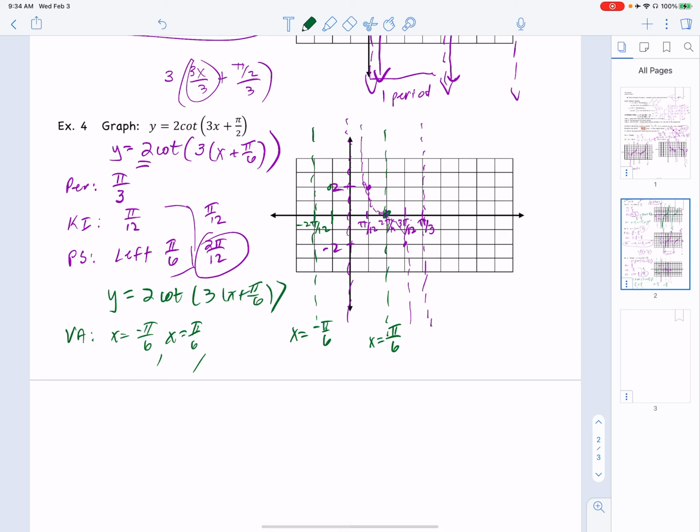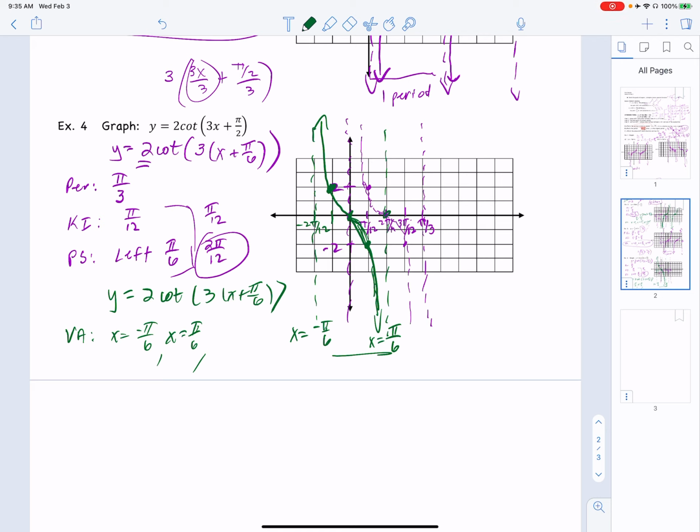Move these points 2 key increments to the left. And there's my 1 period. And if you add the distances, it's 2 pi 6, which is pi thirds, which is your period.